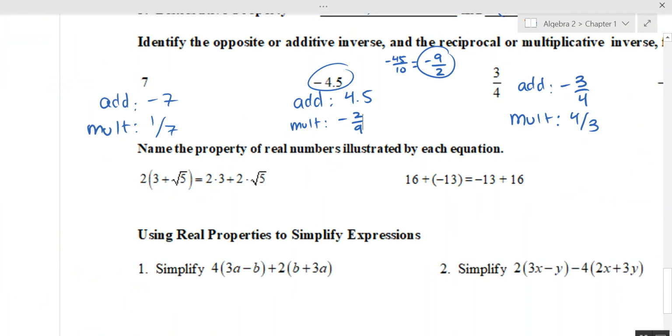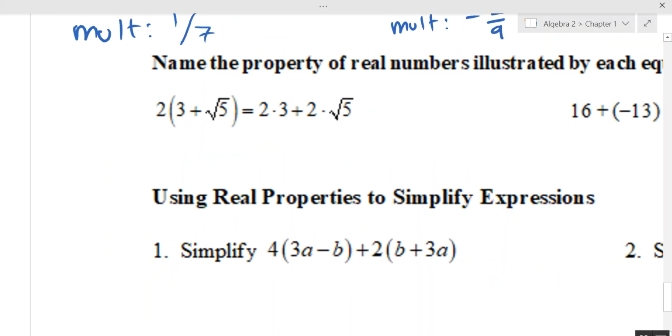All right, these next two, these are very similar to what you'll see on the test. See if you can pause the video right here and name the property that's described in these two expressions. All right, this first one, it looks like we're distributing this. We're going from 2 times 3, and we're also doing 2 times root 5. So this is the distributive property.